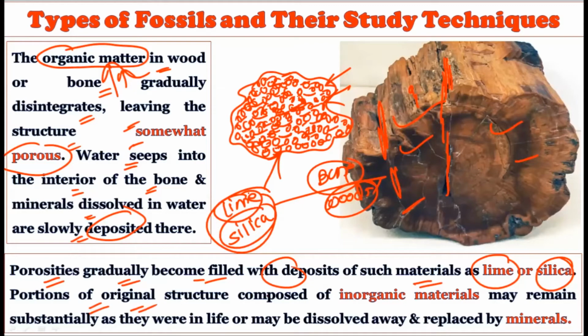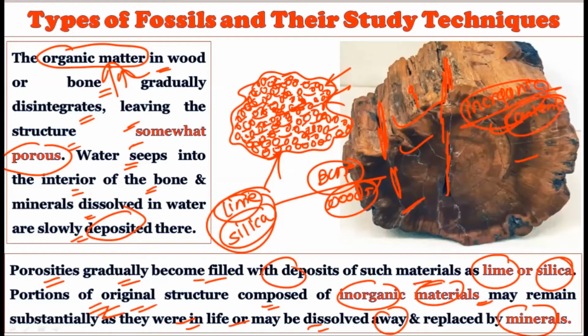Now the portion of the original structure composed of inorganic material may remain substantially as it is, as it was in life, or may dissolve away and be replaced by minerals. So the organic content is already removed, and the inorganic content may get preserved, or as the fossil gets old, the inorganic content is also removed over a period of time.